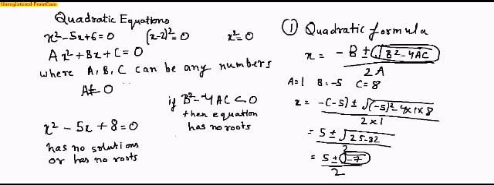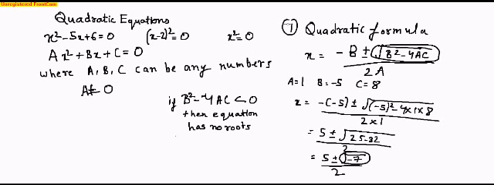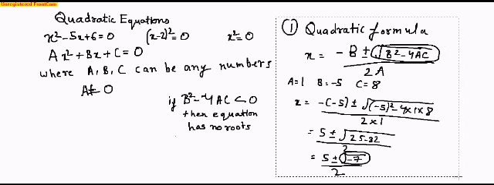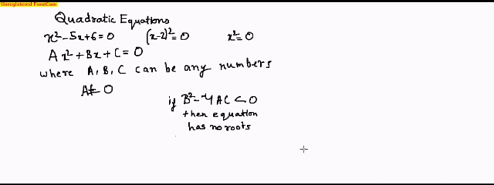Now let's try our hand at a new equation. Our new equation looks like x square minus 4x plus 4 equal to 0.